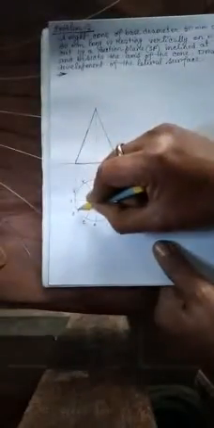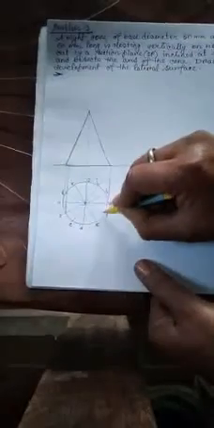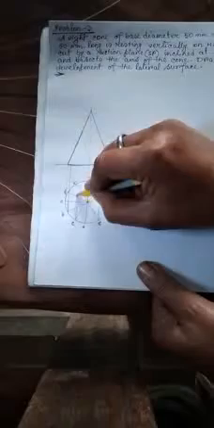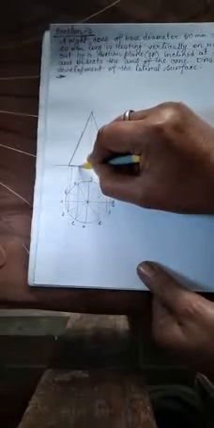Draw the projection line of each and every division up to the front view, that is, up to the reference line.